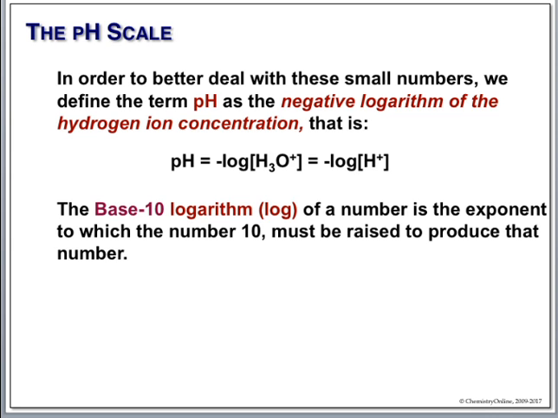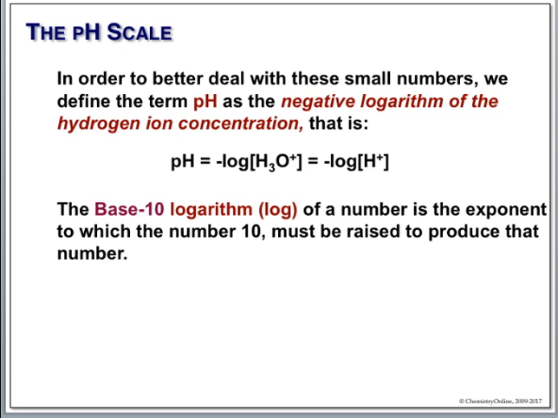So way before calculators were invented, chemists decided that there was a neat way to get around this, and that was to use a logarithm. The logarithm, base 10, is simply the exponent. So if we had 10 to the minus 7, the exponent would be minus 7.